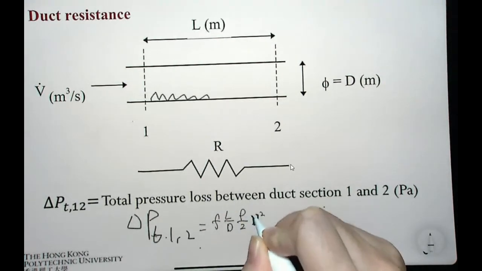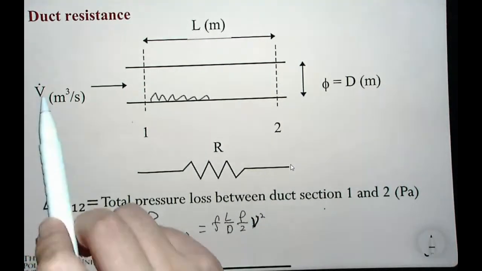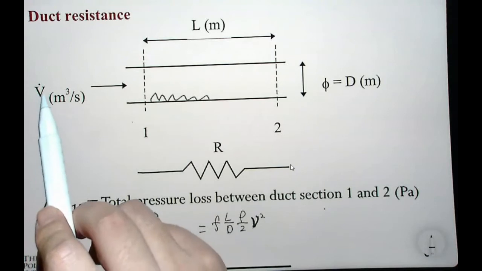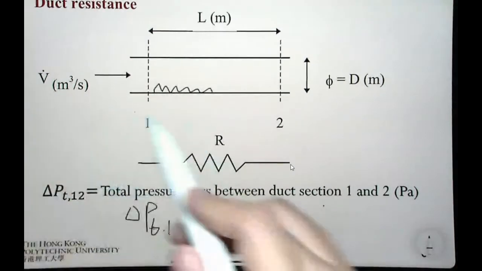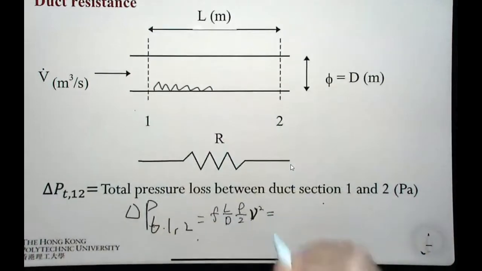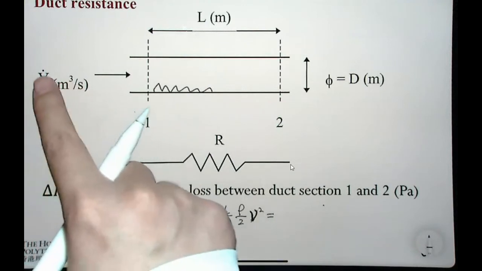Velocity is related to the flow rate of the air that goes through the duct. We can further express this velocity as a function of the flow rate.